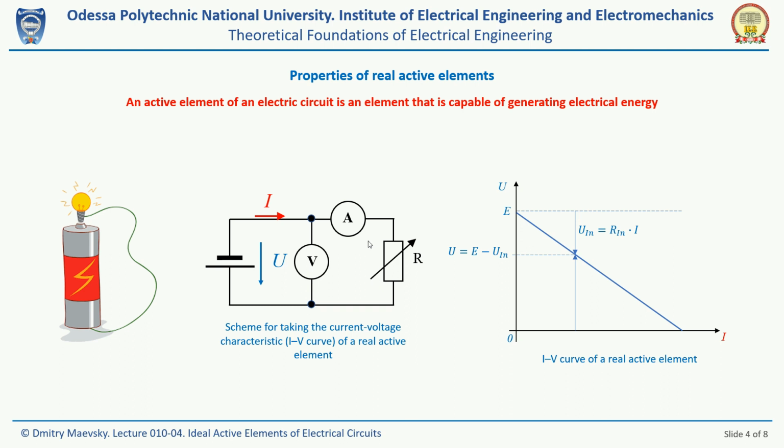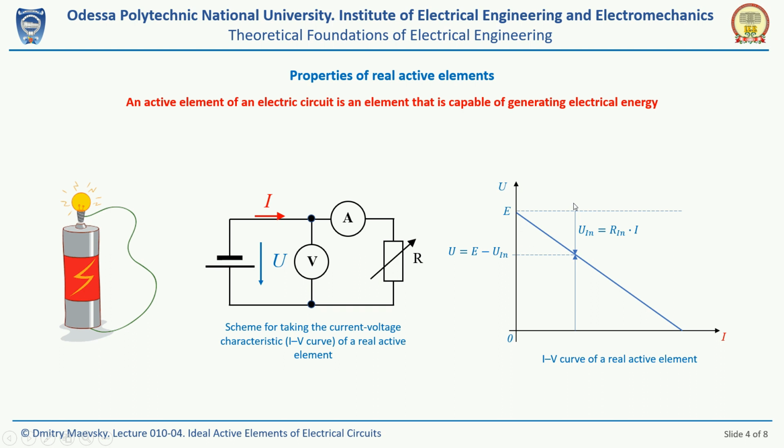By changing the resistance, we change the current through the battery. The amount of current is controlled by an ammeter, and the battery voltage is controlled by a voltmeter. The current voltage characteristic of such an active element is shown in this figure.